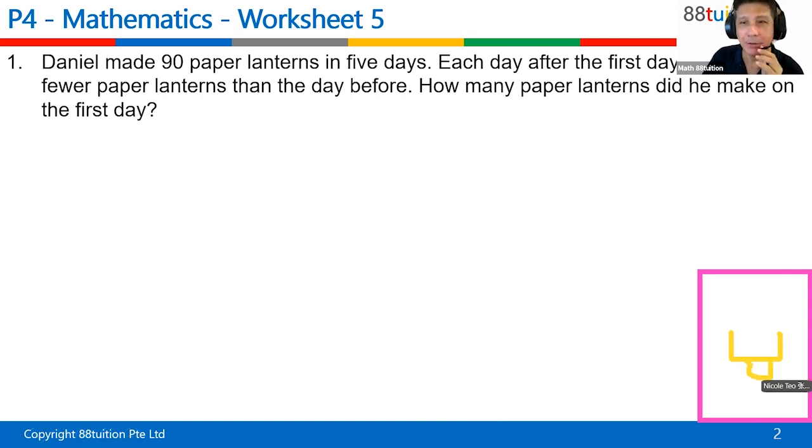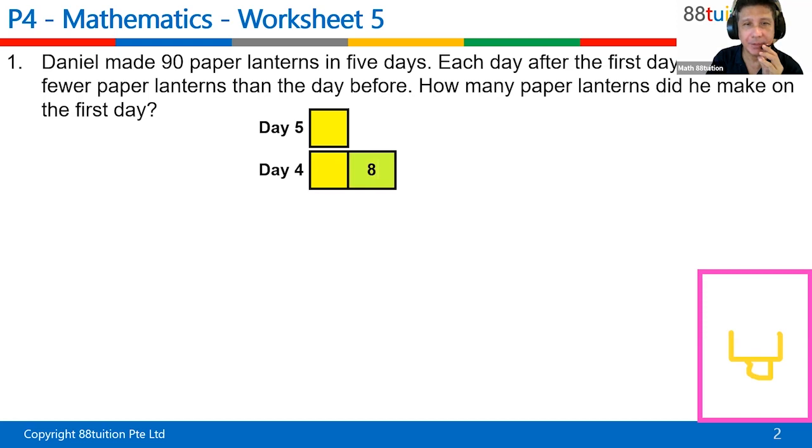I'm going to start with the fifth day. On the last day, the fifth day, I will just draw one box. Then to work backwards to the fourth day, I add another 8. To go backwards into the third day, I add one more 8.